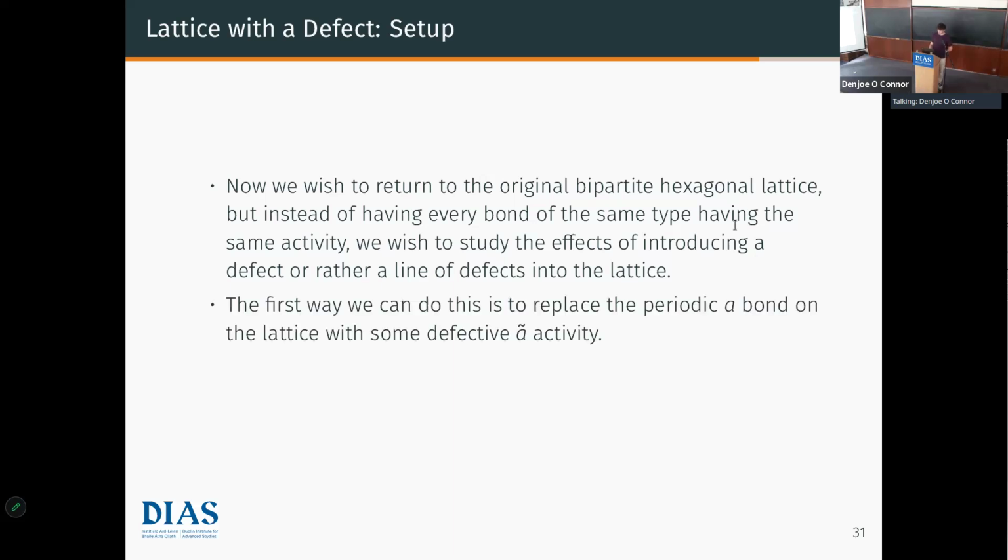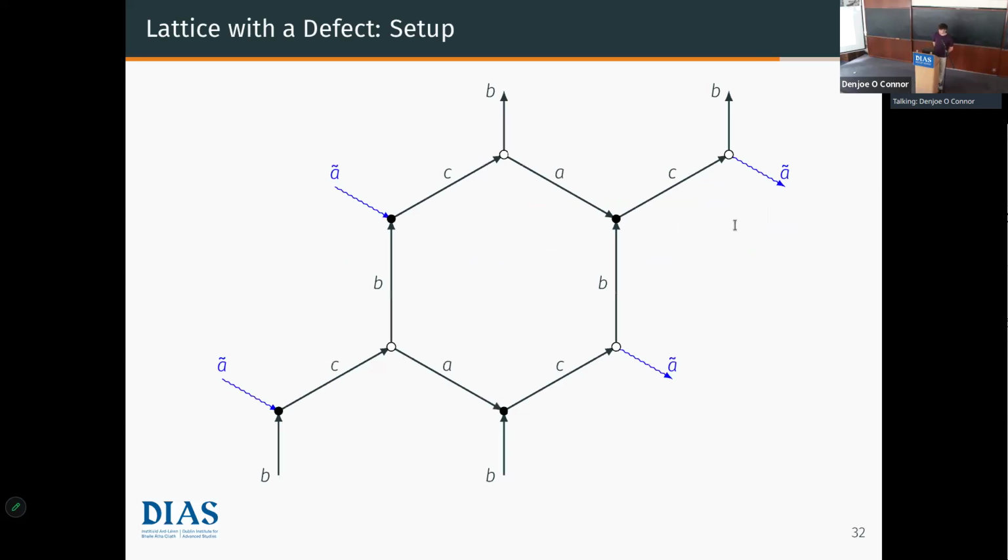The way I've done this is by replacing the periodic A bond on the lattice with some defective A tilde activity. Visualizing this on a simple 2x2 fundamental tile, you can see I've replaced the periodic A bonds with an A tilde activity.